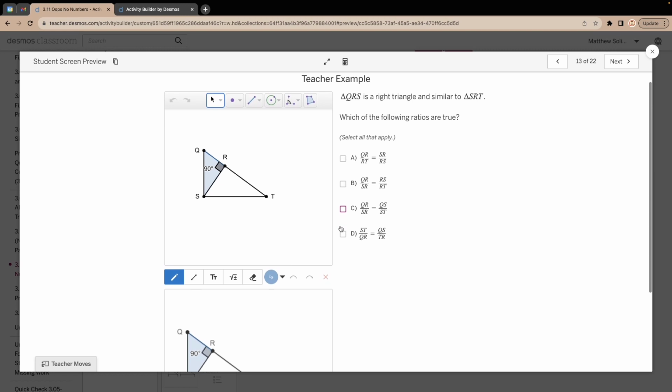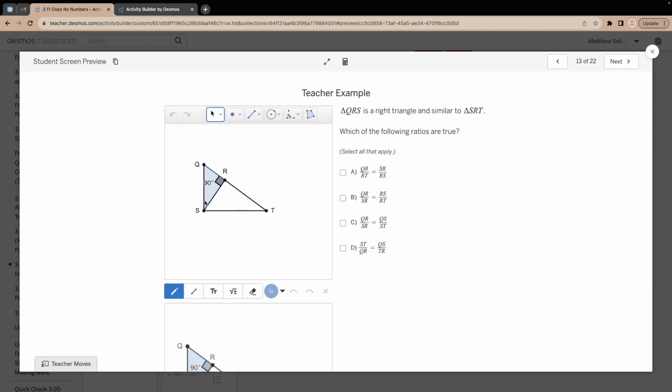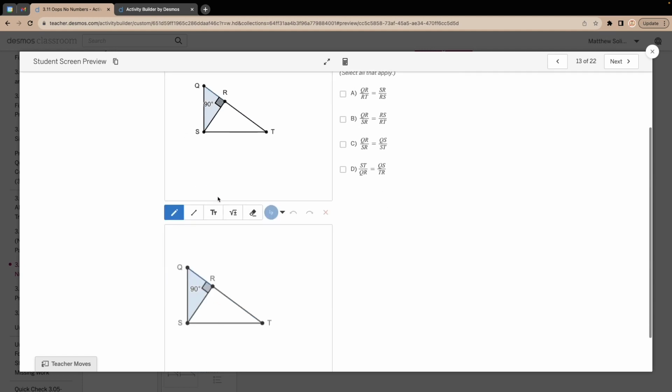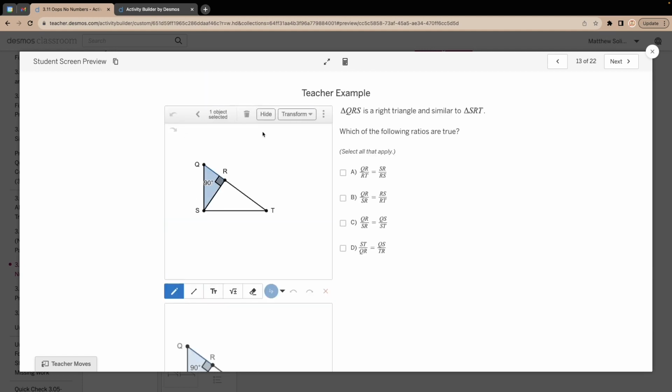So quick example here, triangle QSR is similar to RST. So I see those are both 90 degrees. Just really quick, if you wanted to see this, I'm going to transform it. I'm going to rotate this.